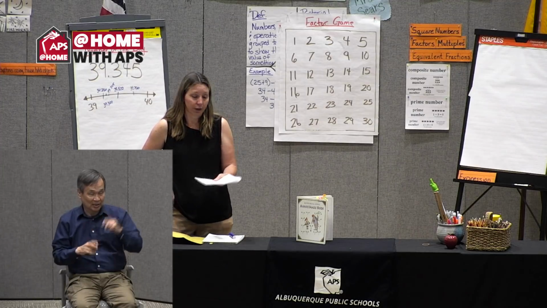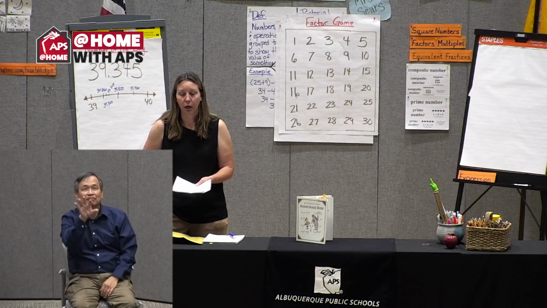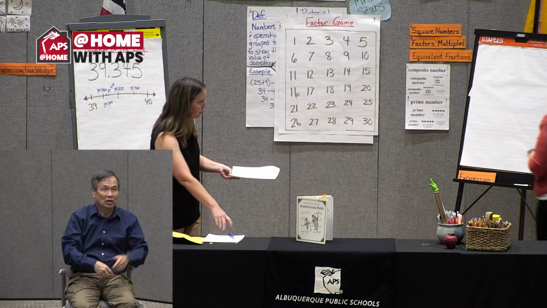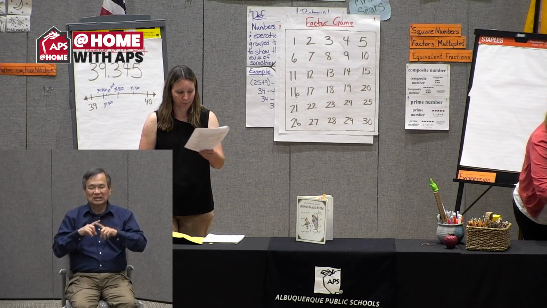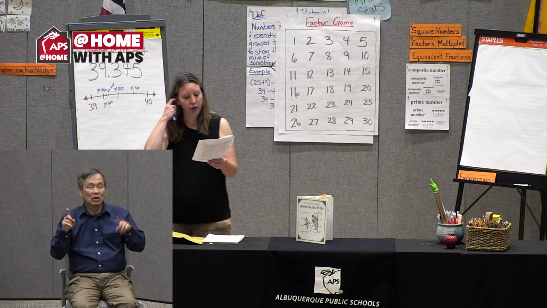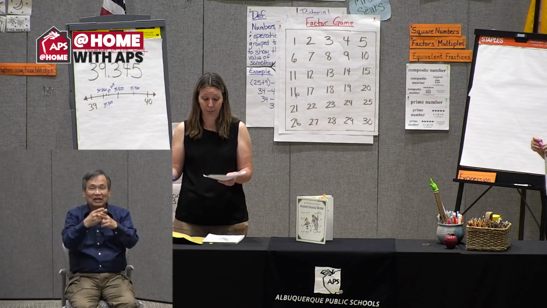So the first player will choose a number on the game board and circle it. The second player, with a different color, so you might want to try something different that's kind of close to my color. Let's see. How about pink? Sounds perfect. She will try to find all the proper factors of that number.